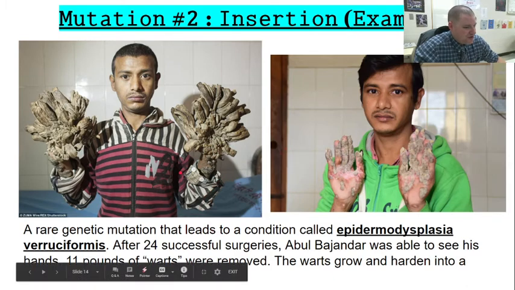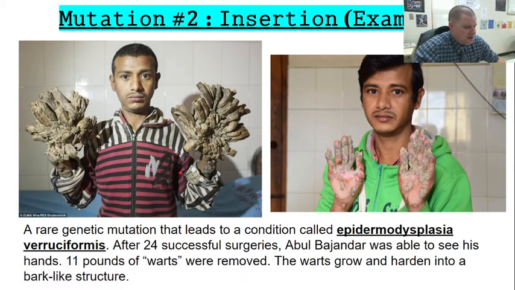These are warts that were formed from an insertion deletion that caused this man to get epidermodysplasia verruciformis, which basically had warts that developed bark-like qualities because it just toughened his skin to be almost about bark-like in quality.